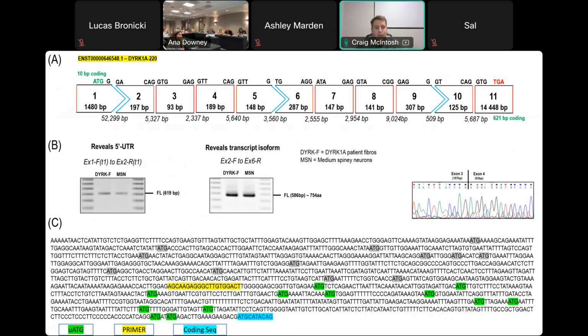But a therapeutic is most likely to be administered in the central nervous system. So this has given us a bit of information about where the start sites are. They're confirmed in both a Down syndrome patient fibroblast line, as well as a medium spiny neuron, which is just a subpopulation of neurons in the brain.